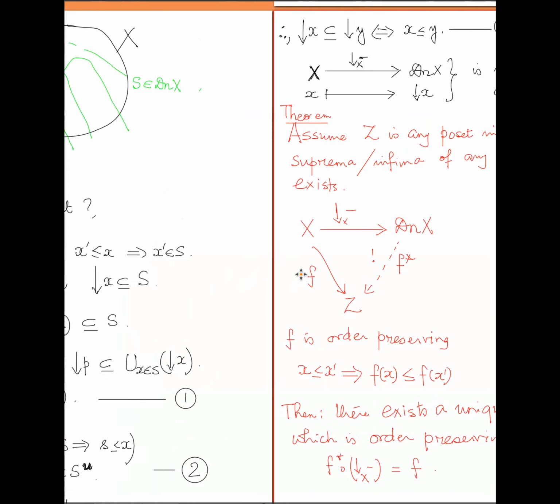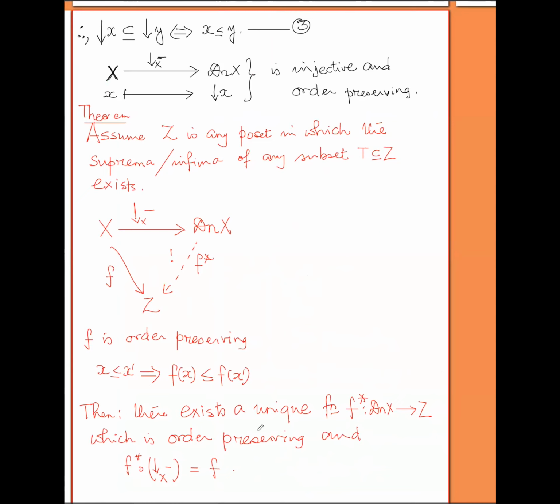What about the proof? So I need to take f, which is order preserving. I need to say, where does this S go? But remember, this S is a join of this. Right? So in many of these cases, the function f star is exactly what it should be.